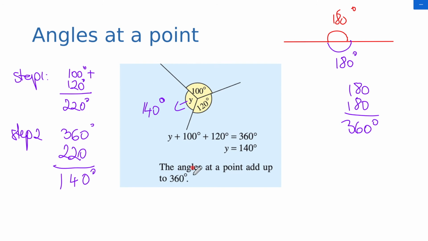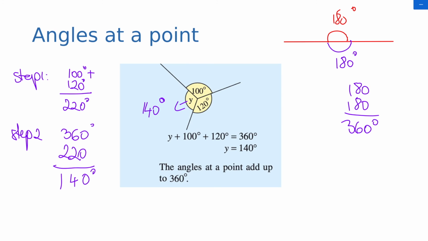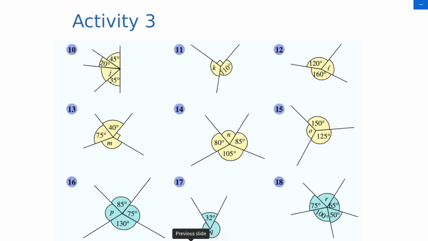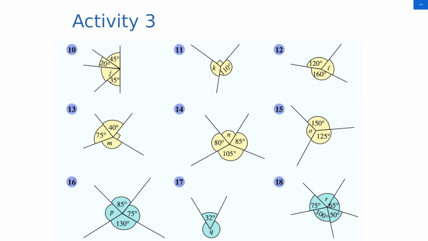If they add up together to 360, it means you've done them right. And you can do the same to these ones here. If you found this angle here, you can add this with that, and with that, if they add up to 180 degrees, it means that your work is correct. Okay, so that is all I wanted to show you here.